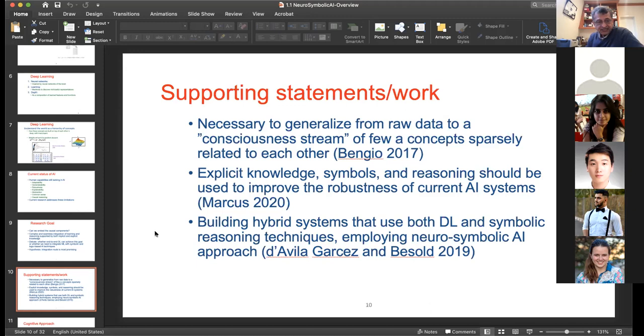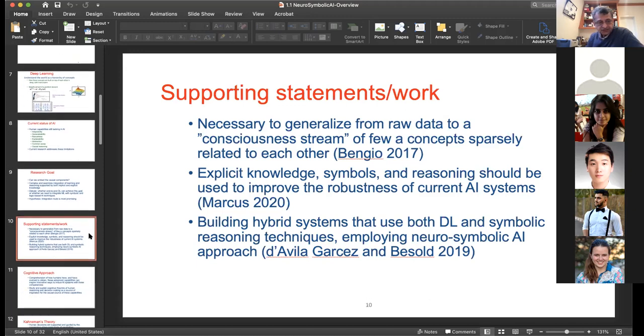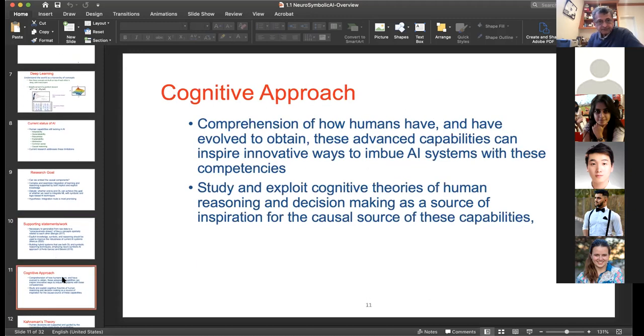The paper is from 2019. There has got to be more stuff now. So the cognitive approach: comprehension of how humans have evolved to obtain these advanced capabilities can inspire innovative ways to imbue AI systems with these competencies.